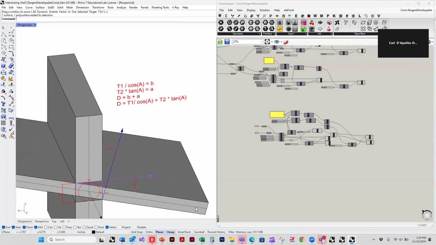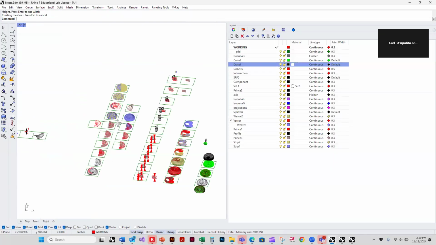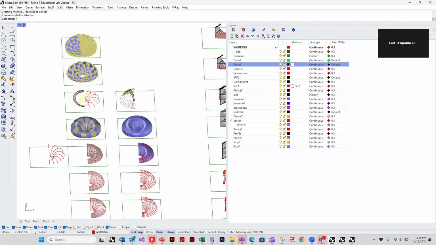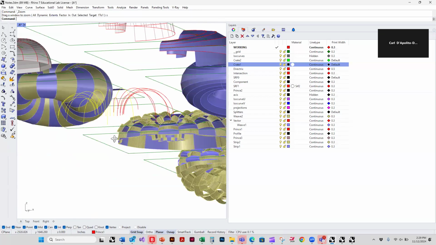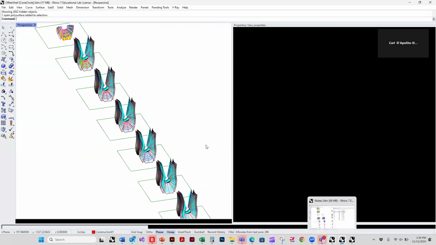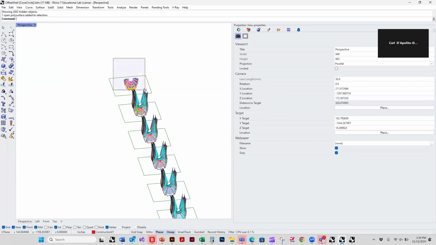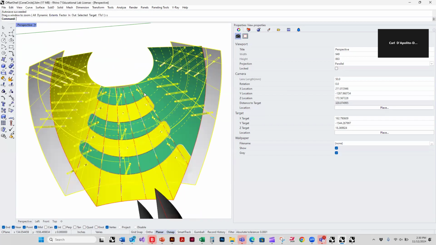Okay. Then the other thing is I did want to show you the interlocking process, and then I think I'll probably be out of time. So this is the model here that Shelley made.